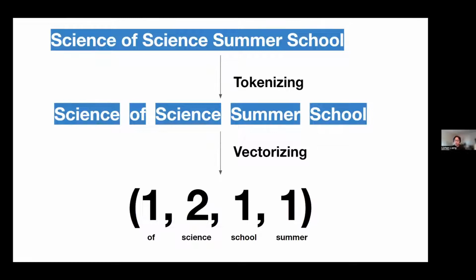To create a sparse representation, we first tokenize the text into tokens. And then we decide how we count the tokens and represent the text with what we have counted. So at the end, we have a numerical vector representing the text that is machine readable. So in this process, we need to tokenize and vectorize the text.